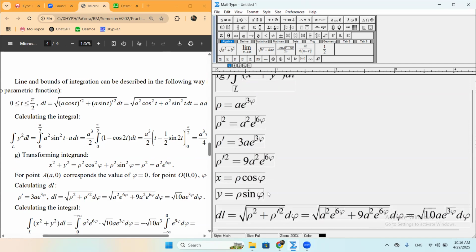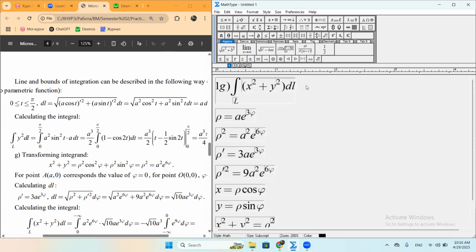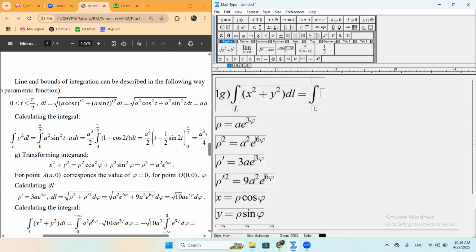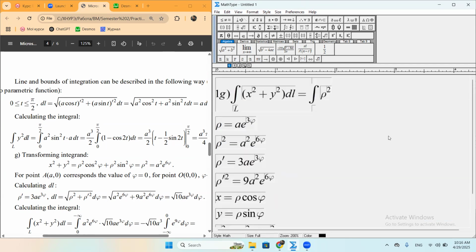So x square plus y square will be equal to rho square. So we will have the following integral, rho square multiplied by this stuff.